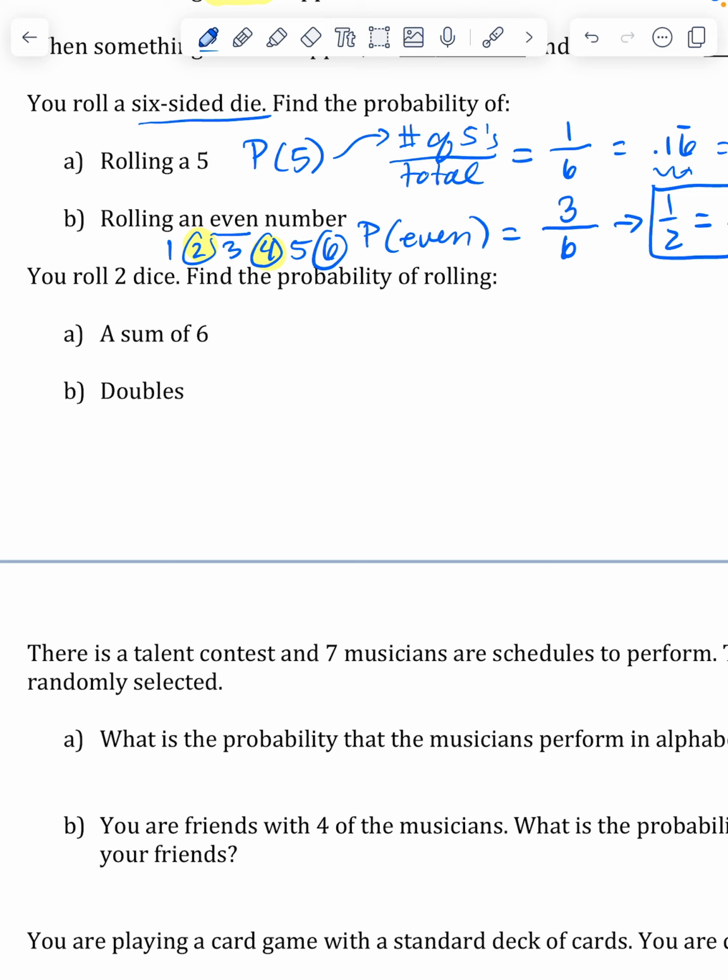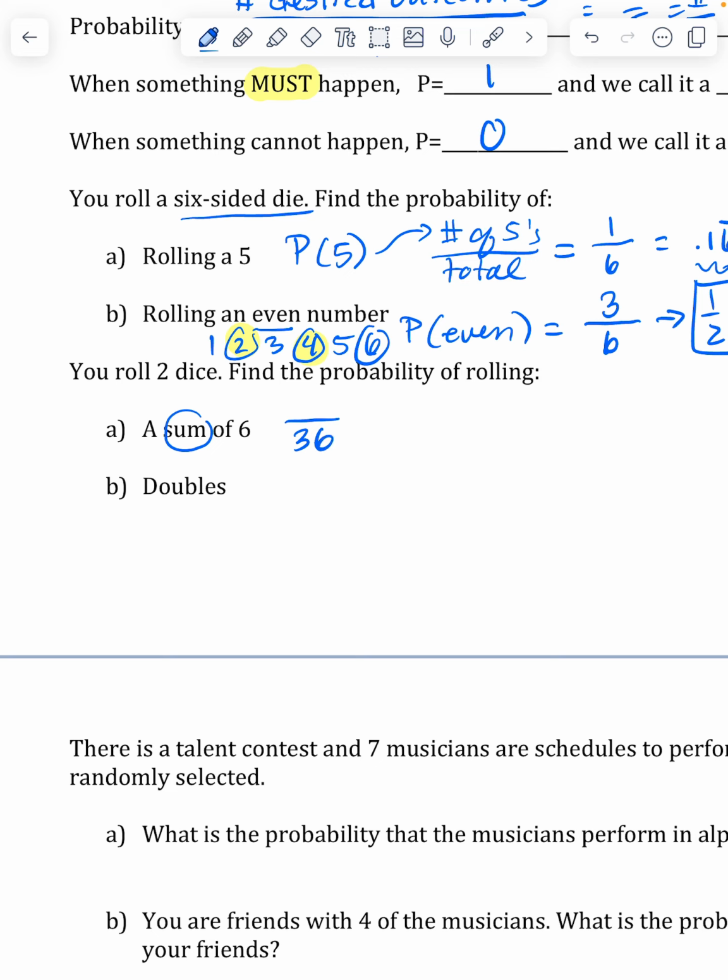Now you're going to roll 2 dice. That's where you should use that chart that we had that showed all the dice, and you can look at that as we go. So find the probability of rolling a sum of 6, meaning the dice add up to 6. If you look on that table that we have, there are 36 options on that little chart.